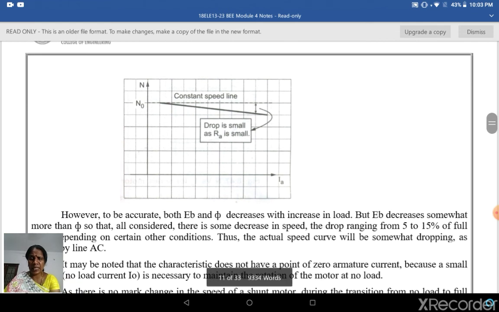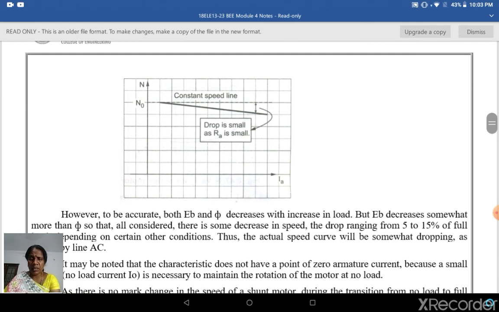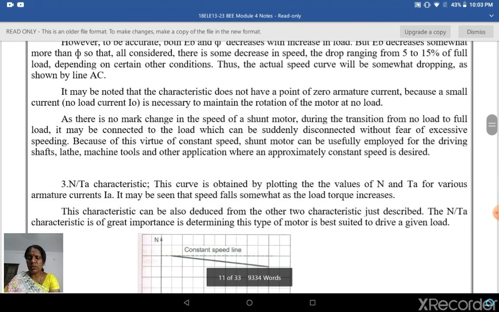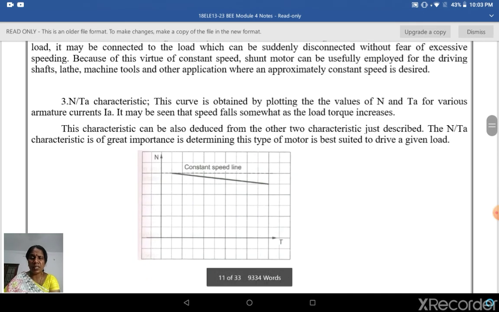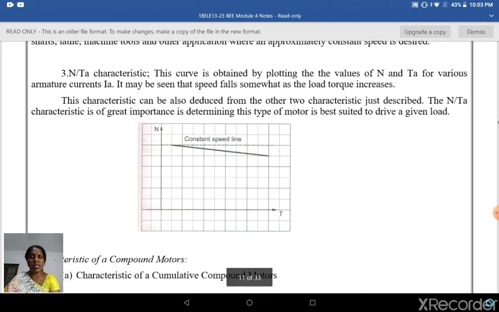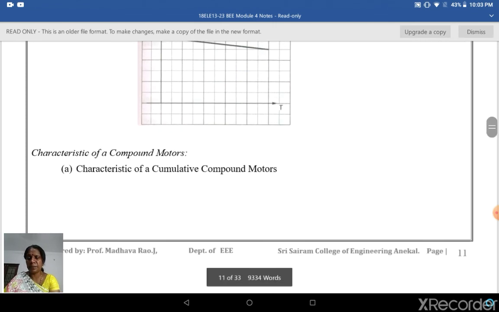For the speed versus torque, the curve is obtained by plotting the values of N and Ta for various armature currents Ia. It may be seen that the speed falls somewhat as the load torque increases.